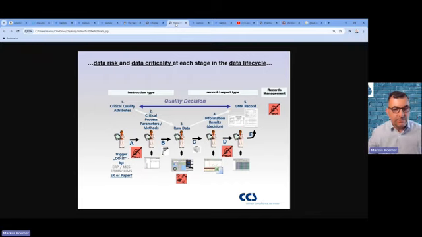But here in the data flow diagram, you see you have the instructions, for example, the critical quality attributes, CQAs, the CPPs, critical process parameters, or the validated methods or something like that. Then you record the raw data.